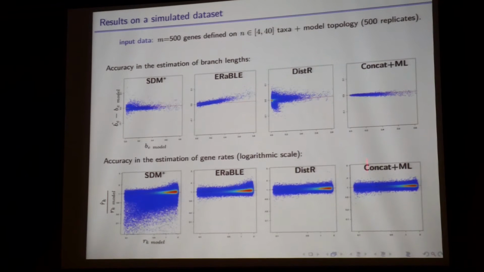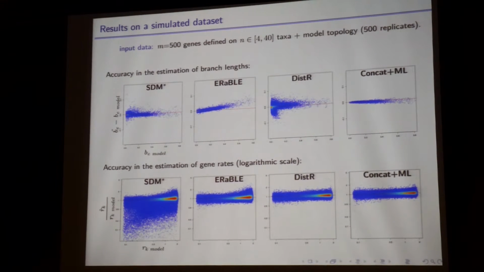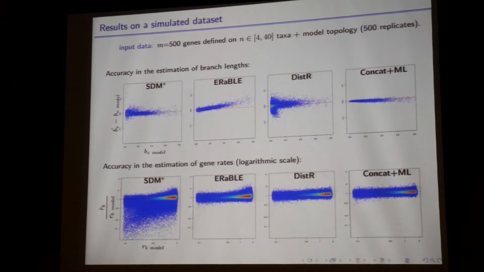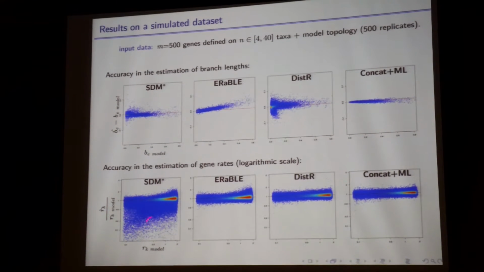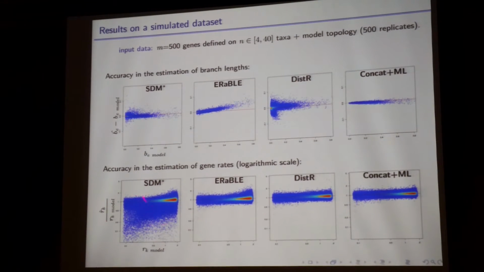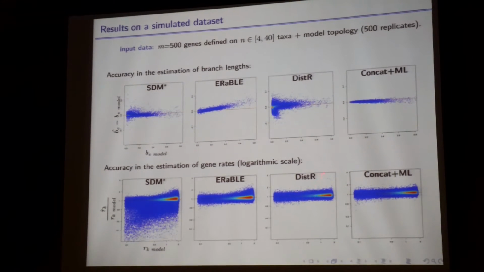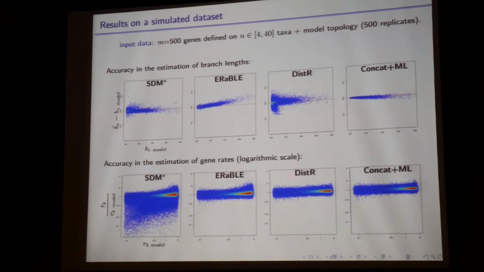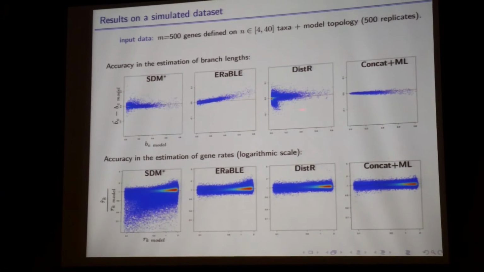The results show that the best method is applying the maximum likelihood method on the concatenate, but it costs a lot computationally. We can see that the super distance matrix method has a problem with the estimation of gene rates, and the D-star method is good for its purpose of estimating the gene rates, but not for the estimation of branch lengths.